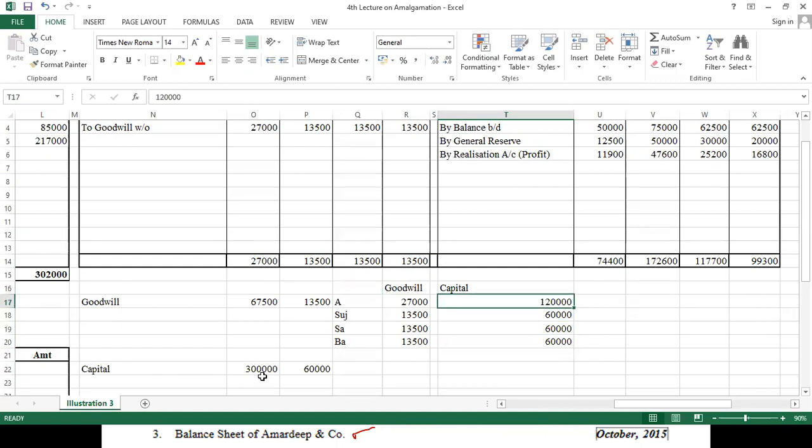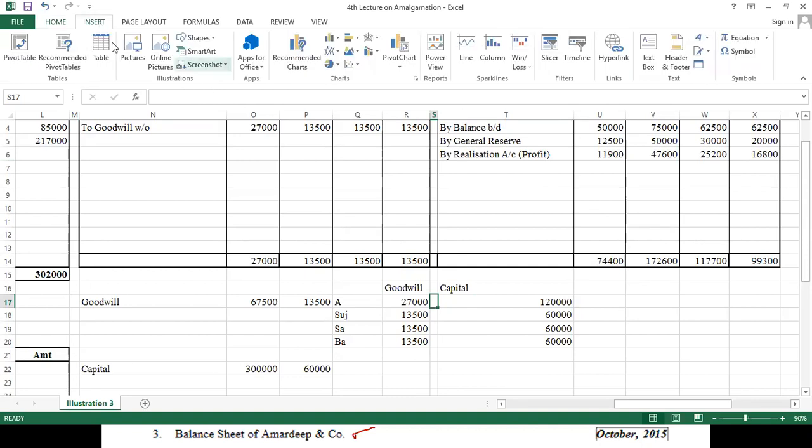So total amount is 3 lakh. तो ये कैपिटल का हो गया. कैपिटल हमने इस प्रकार करना है, ठीक है.